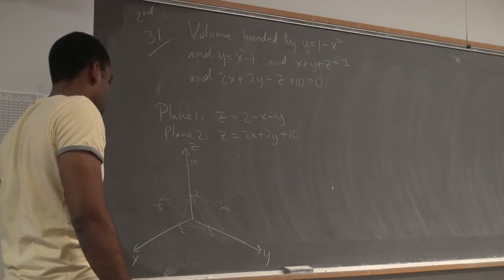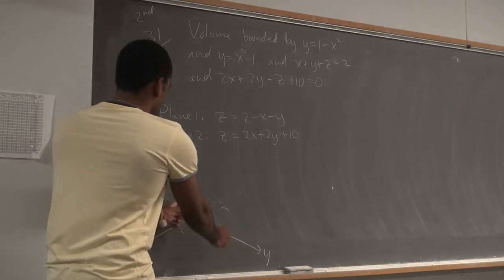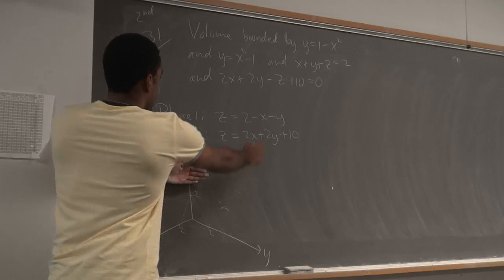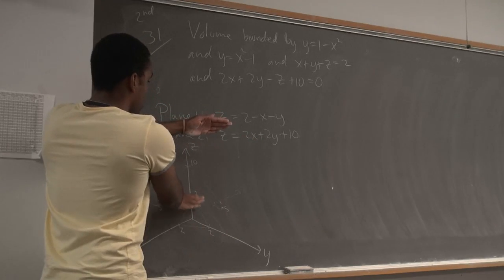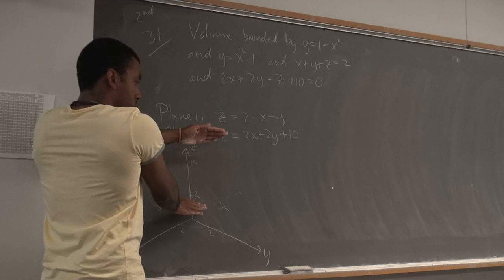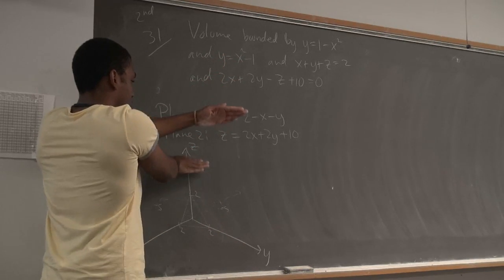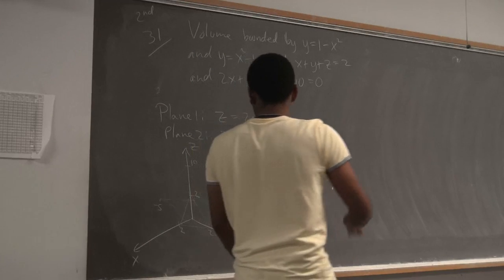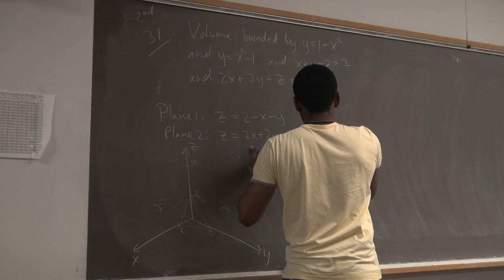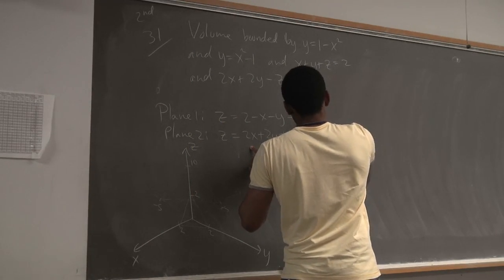That's what they mean, subtract one volume from the other one. When you're over this region, the plane with the 10 in it is actually above the one with the 2. You can see that. This one is slanting up over here, this one is slanting under there. So this is the top and that's the bottom.